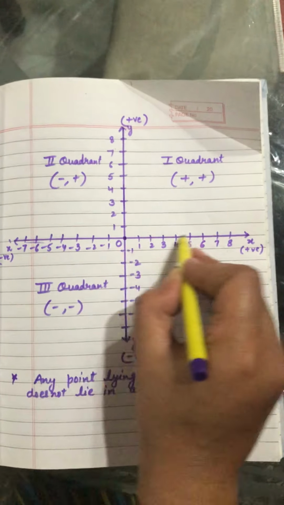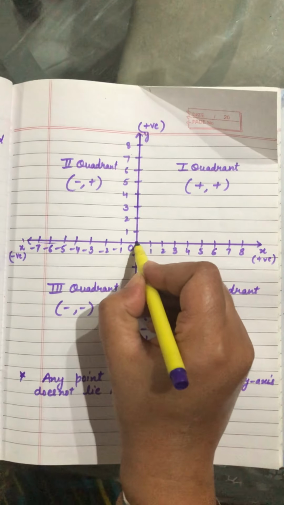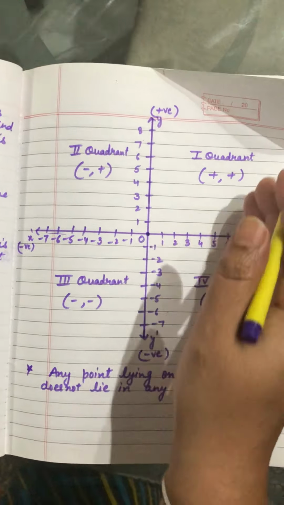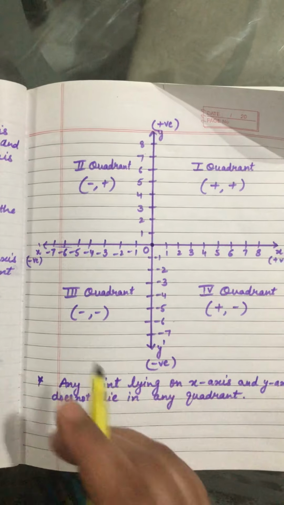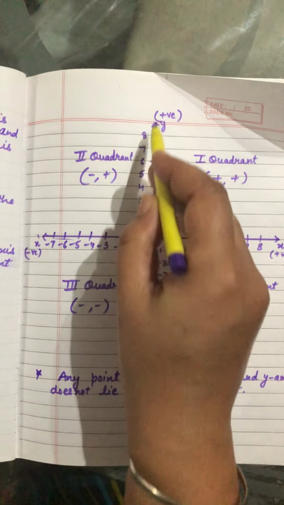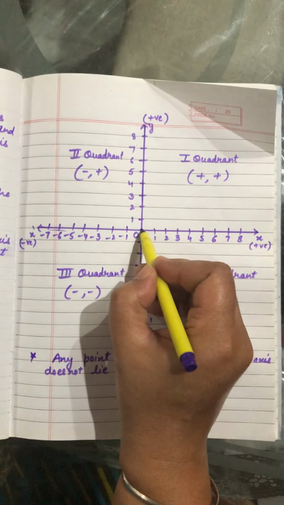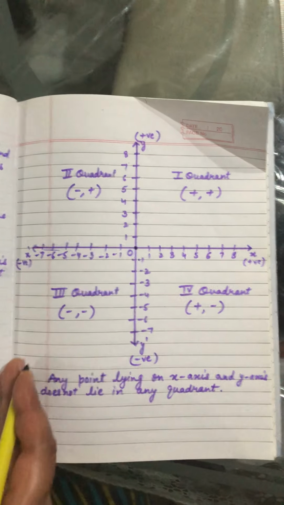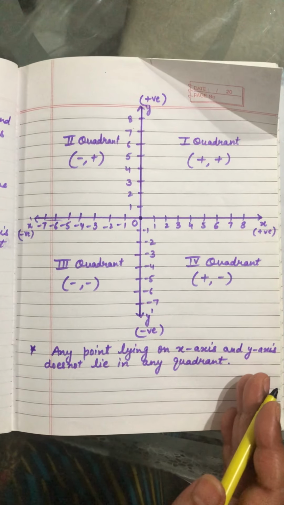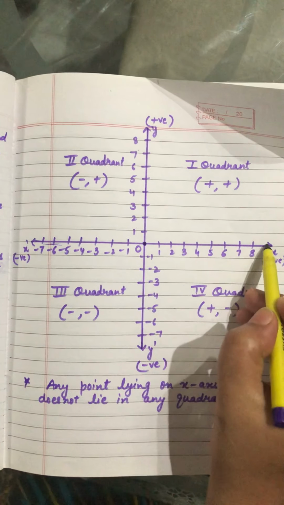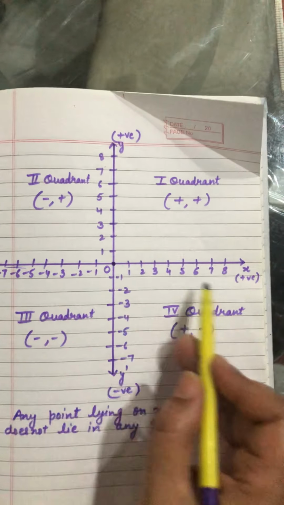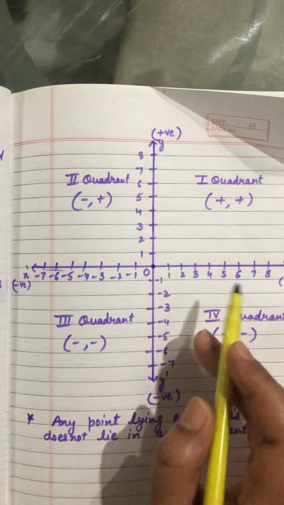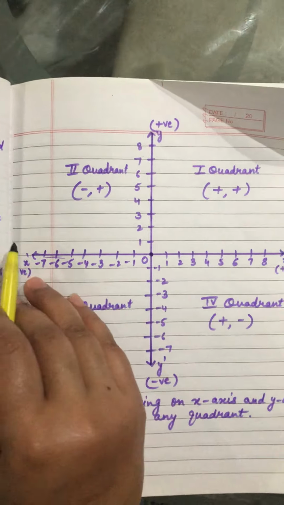When both these lines intersect at the origin in a plane, and I am talking about this sheet of paper as a plane, then this plane is called the Cartesian plane, or XY plane, or coordinate plane. This is how we can locate the position of a point in the coordinate system.